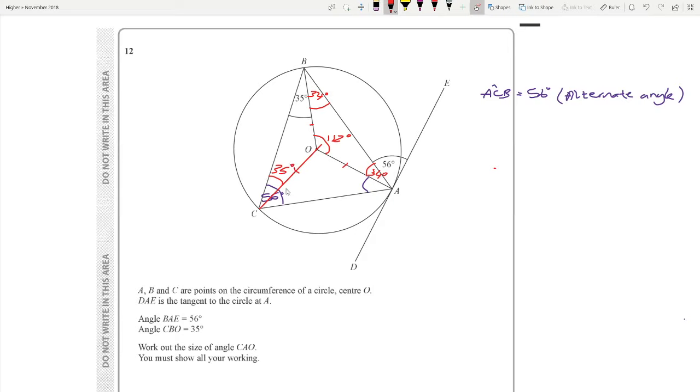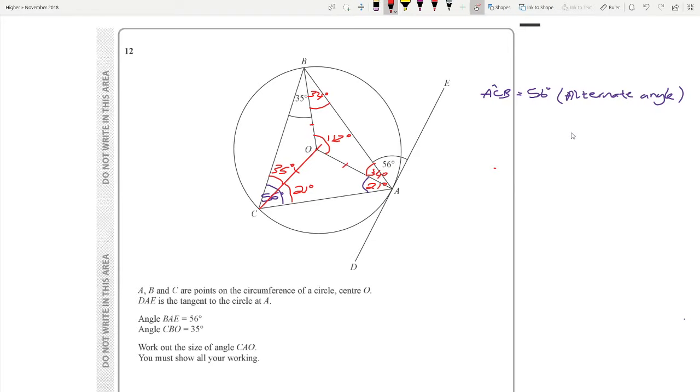And so what's left for this angle here? The full angle is 56. If that's 35, then angle OCA is going to be 21 degrees. And because these two lengths are the same, it forms another isosceles triangle. Therefore, if this angle is 21 degrees, then angle CAO is also 21 degrees because it's an isosceles triangle.